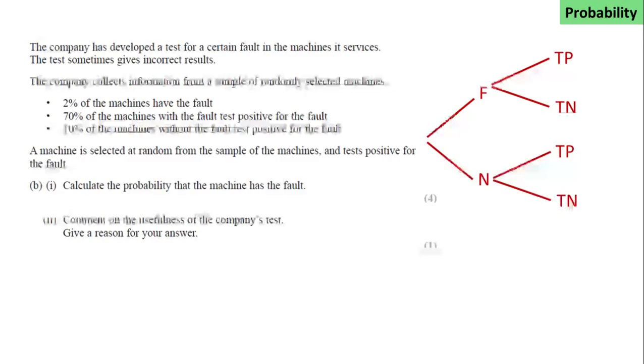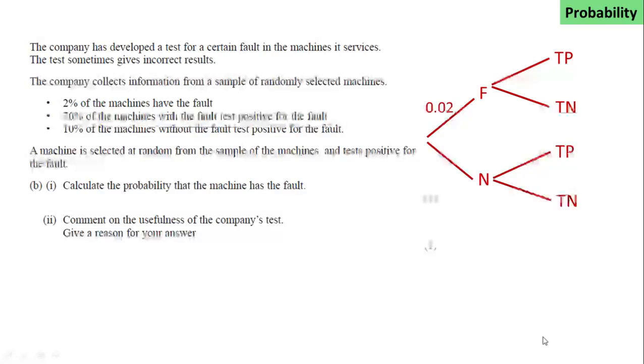A company has developed a test for a certain fault in the machine and its services, but the tests sometimes give incorrect results. So I've started with a tree diagram. Okay, these are faulty machines, these are non-faulty machines, and each case for a faulty and a non-faulty, it could test positive or test negative.